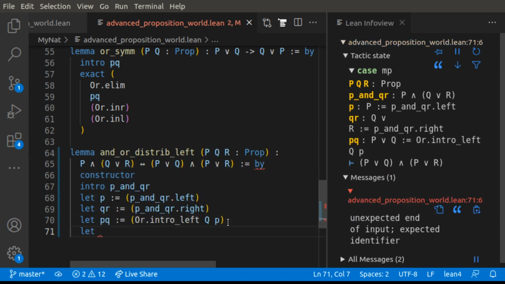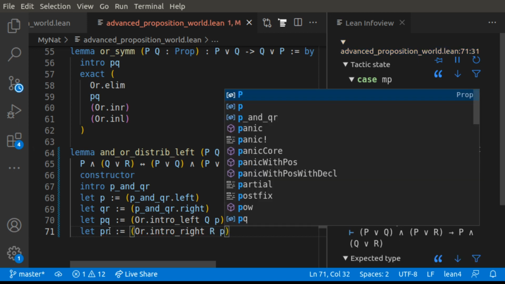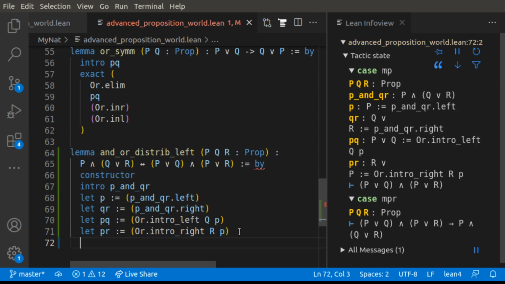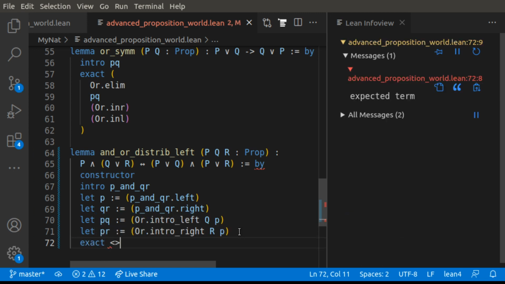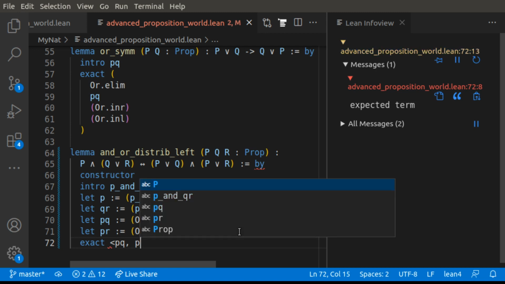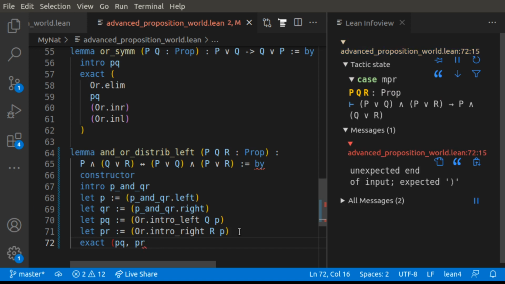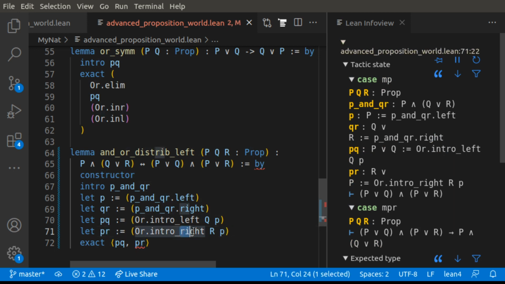Let PR be or dot intro right RP, and then I think we should do exact PQ PR, oops, I need to use the right brackets, PQ PR, oops, intro left as well.